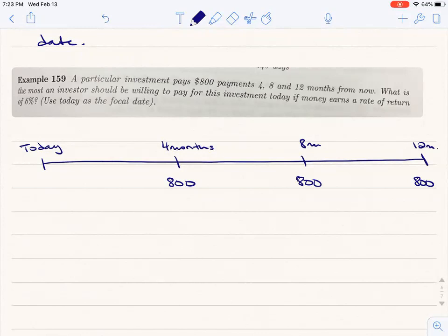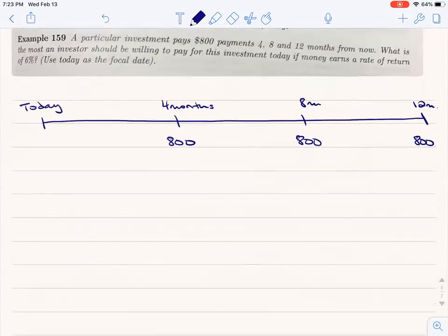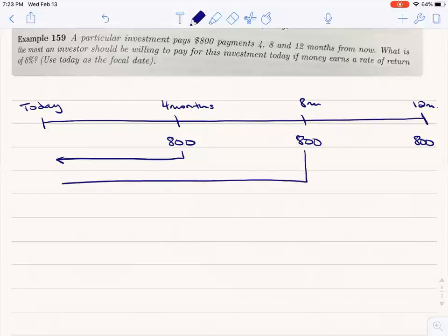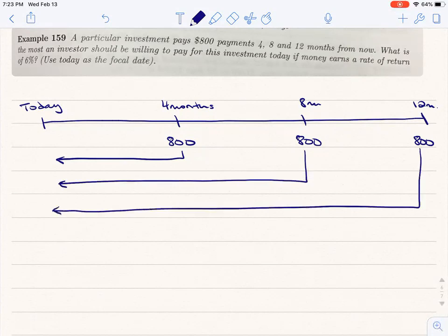So drawing these arrows back, and again, just kind of starting with the one closest to today in this case, because we want to pull them back to today to see, well, what are these things worth today? Just make a little note here that today is our focal date. And as you'll see, all these arrows are going to the focal date.